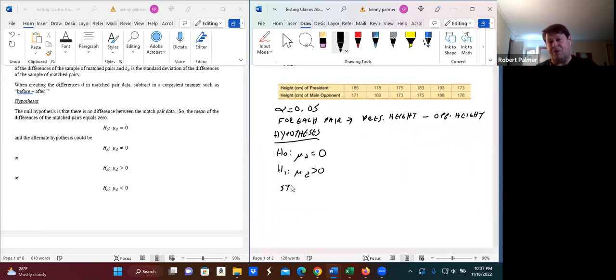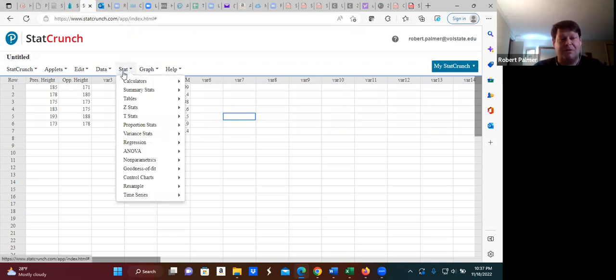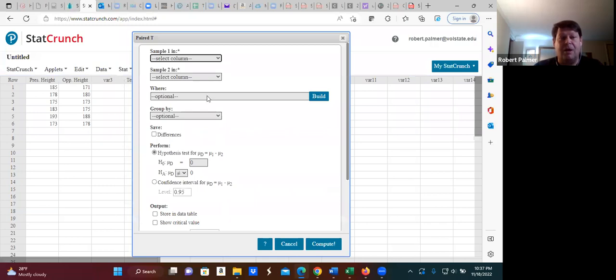All right, so once again, let's go to StatCrunch. What I've already done is put the data into StatCrunch, so here's our data. StatCrunch will subtract this value minus this value for these two columns, and then determine the test statistic and everything. So go to Stat, then T Stats, and finally Paired.